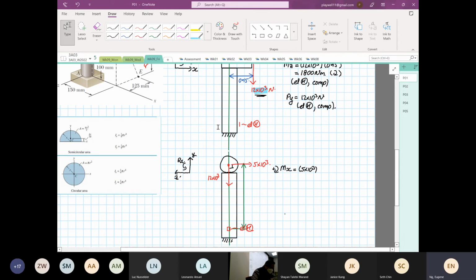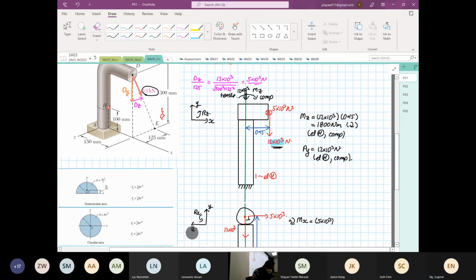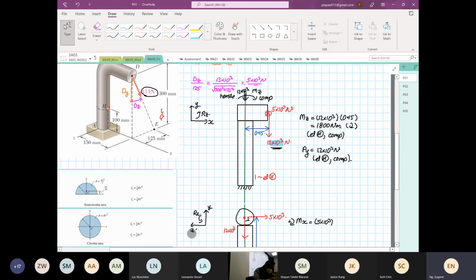Sorry, wrong color. So down to the element, because it's perpendicular to the centroid. And that distance over there is 0.3 meters. No, 0.2, because you have 300 to the bottom.